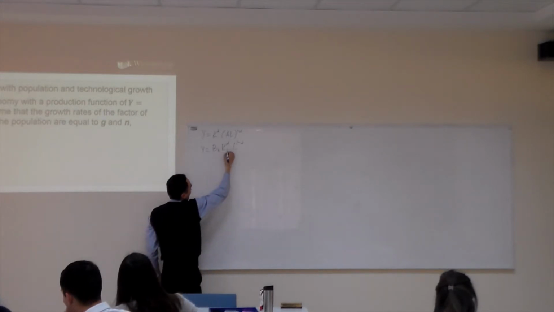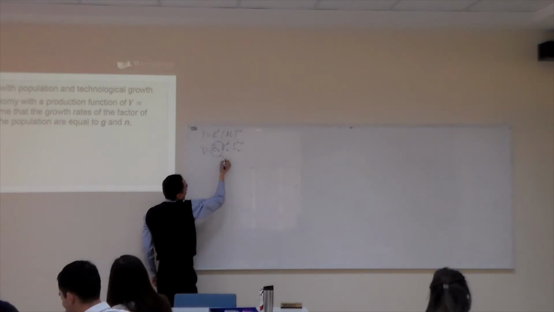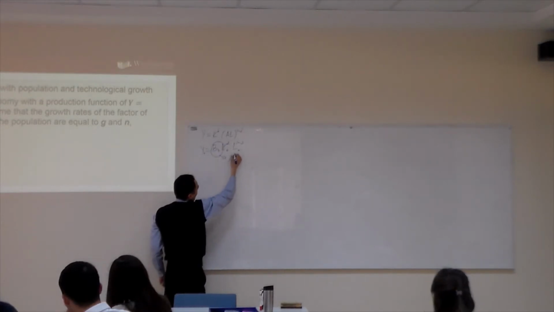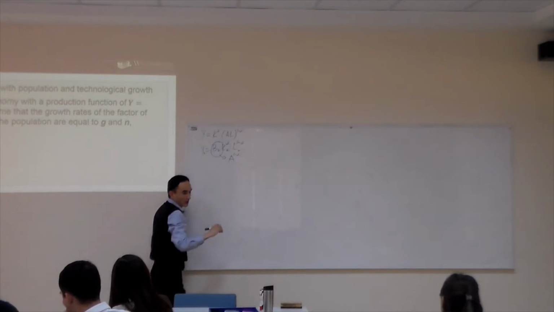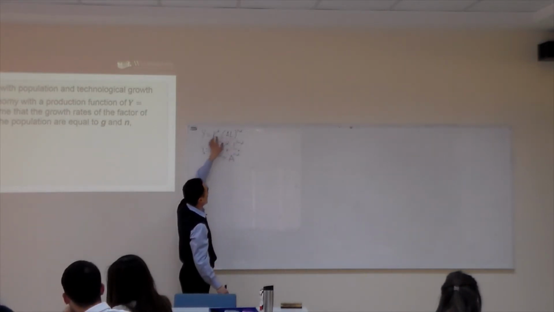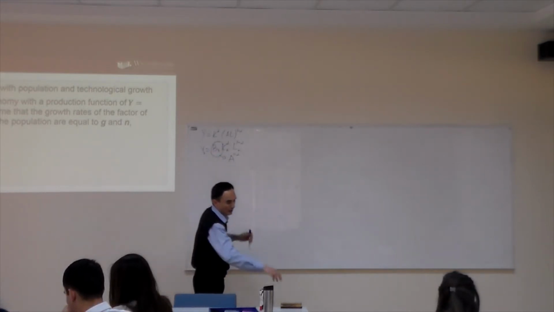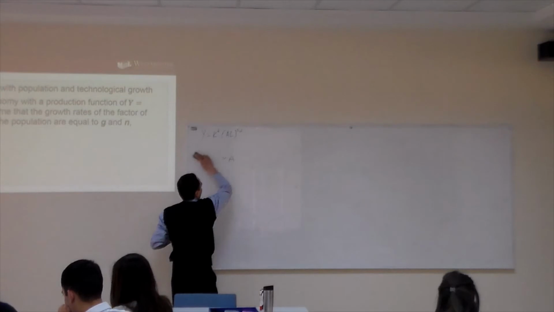So in discrete time, we mark this A as if it is A to the power of 1 minus alpha, in order to make our output function a labor augmented production function, okay? Labor augmented production function.